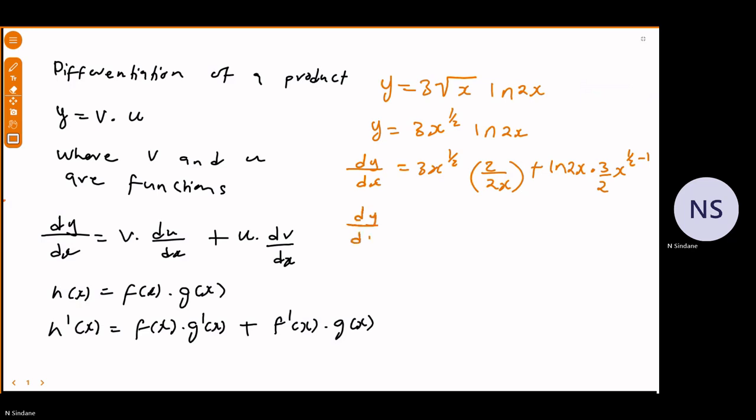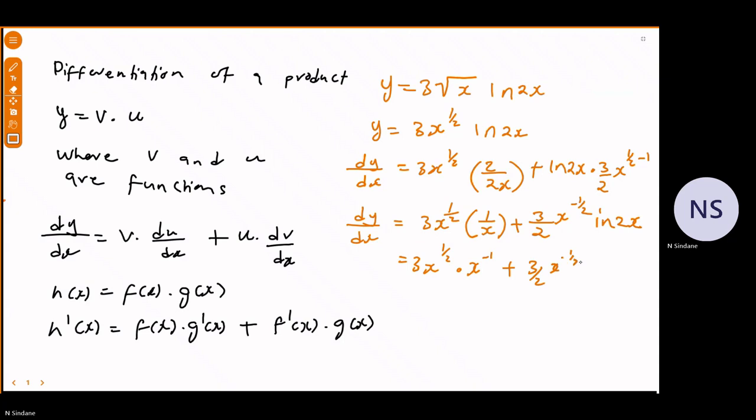Then dy over dx is 3x to the power 1 over 2 into 1 over x plus 3 over 2 x to the power negative 1 over 2 ln of 2x. Then I can simplify further.